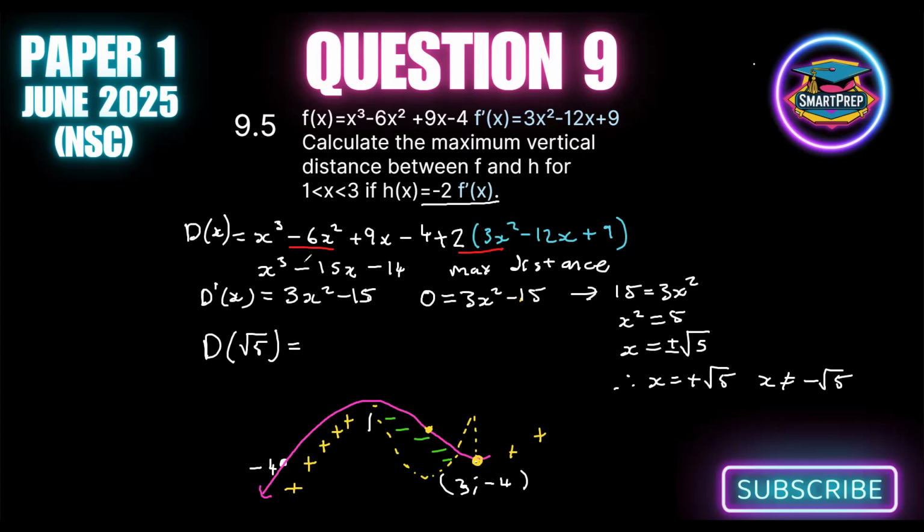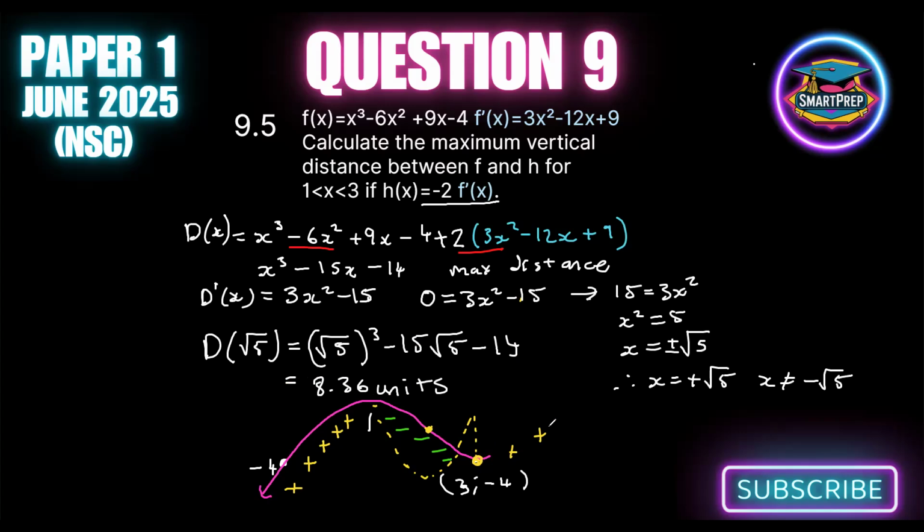Our distance formula there is going to be root 5 cubed minus 15 root 5 plus 14. Stick that into your calculator and you get 8.36. Don't forget to say units. Okay, so that is the question there.